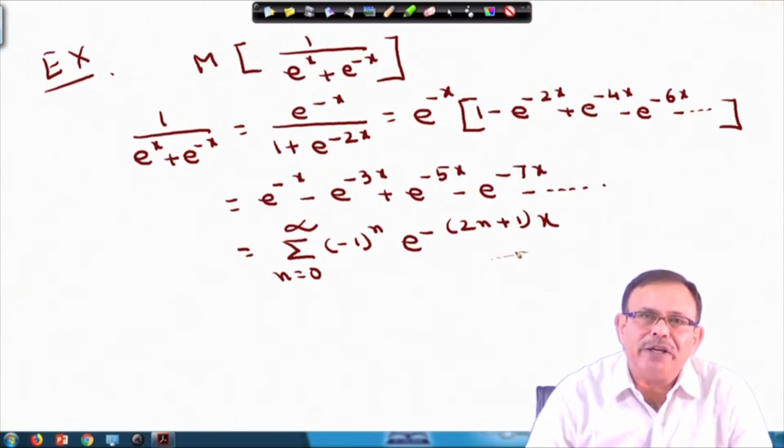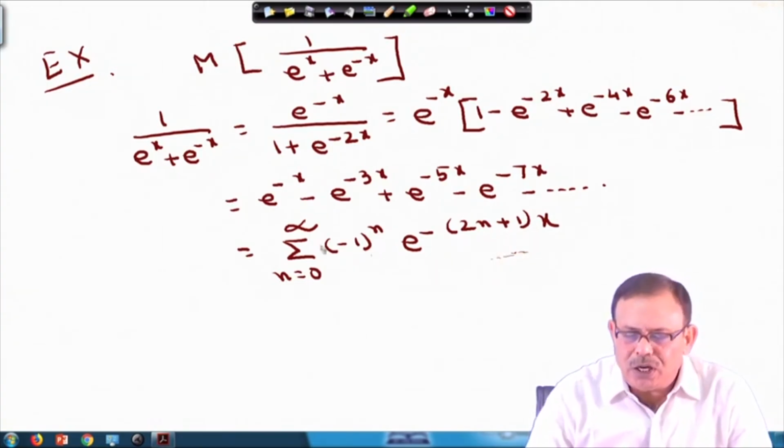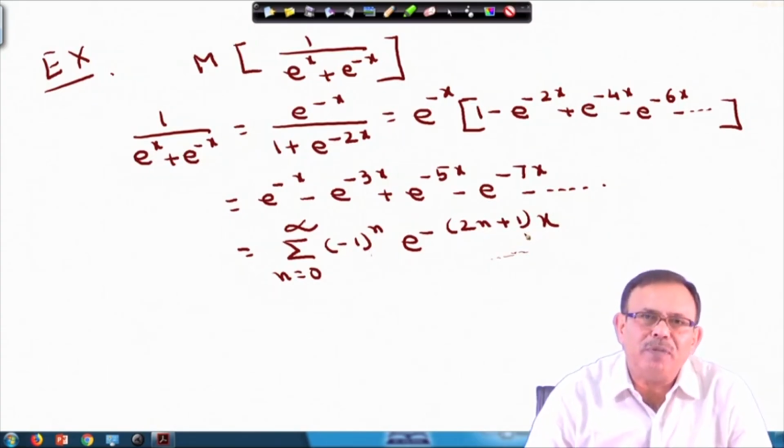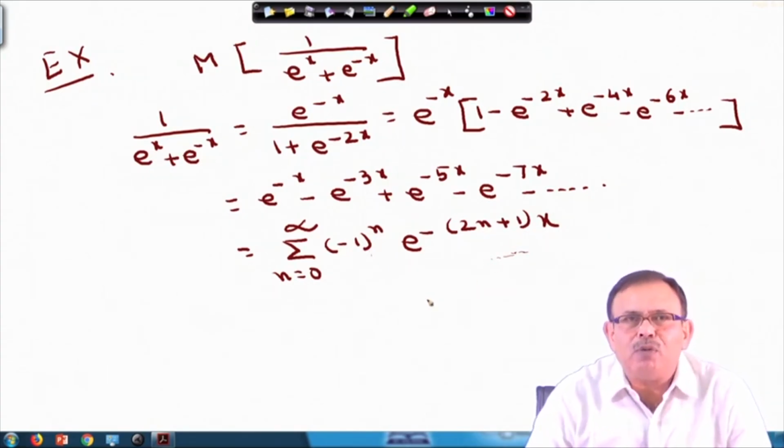Next, whenever n is 2, minus 1 to the power 2 will be plus, and this will be e to the power minus 2 into 2 plus 1, so 5 x. So, this 1 by e power x plus e power minus x, I am representing in terms of a series summation n equals 0 to infinity minus 1 to the power n into e power minus twice n plus 1 into x.